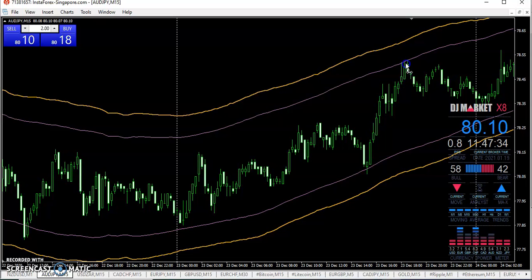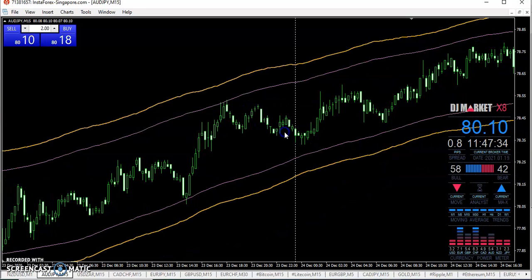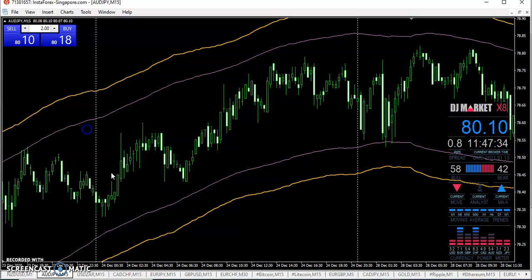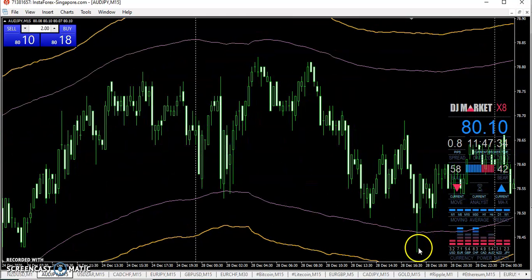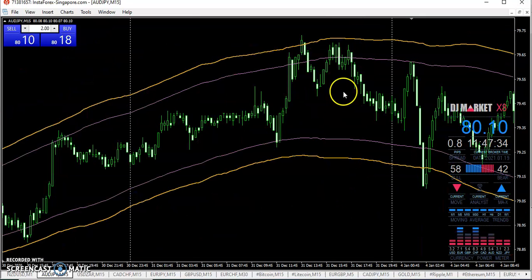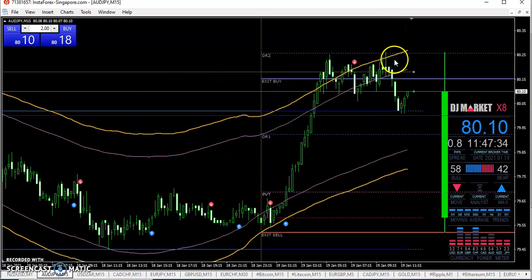It moved to the line, go back. It came back to the line. Okay, it has crossed this line now. So that is it. Your only duty is to work within this down, within the 1, 2, 3, 4.